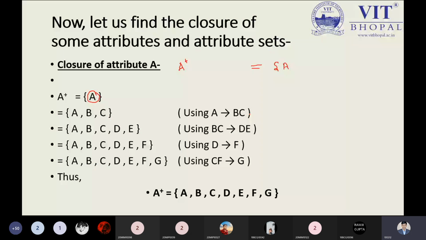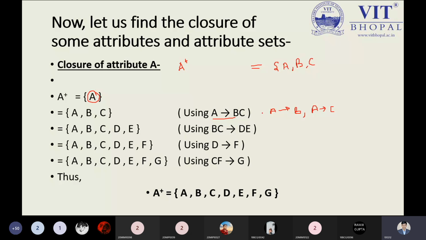It means both B and C are attributes that depend on A. So when we have any attribute that depends on the particular attributes whose closure we have to calculate, then definitely these dependent attributes will be part of the attribute set. So by using this functional dependency, B and C both will be part of our particular attribute set.